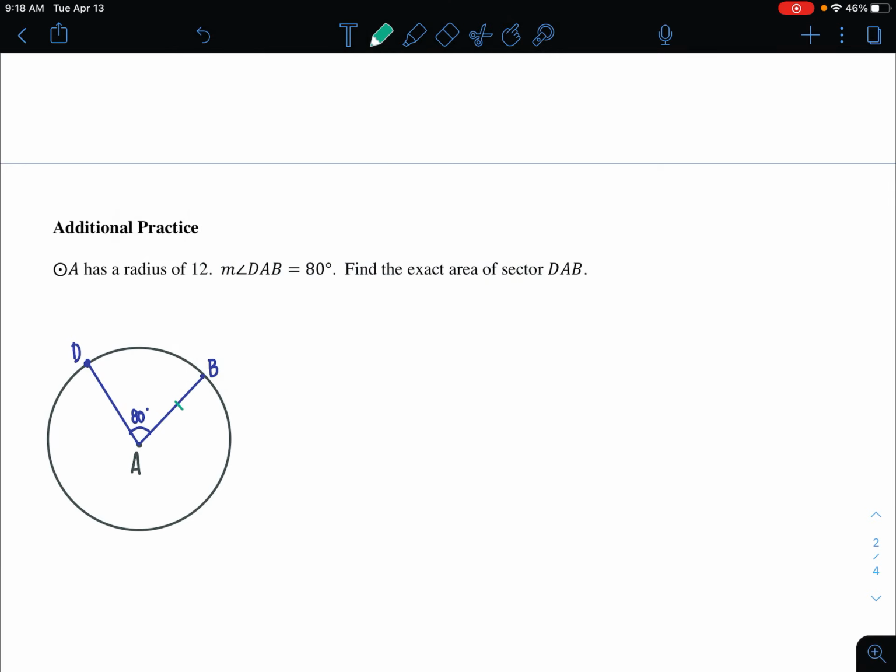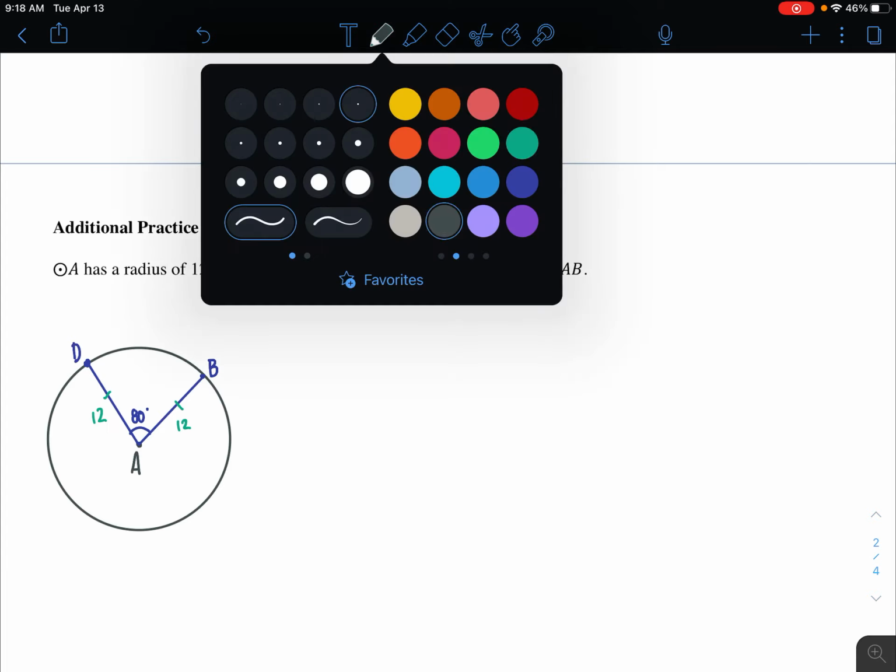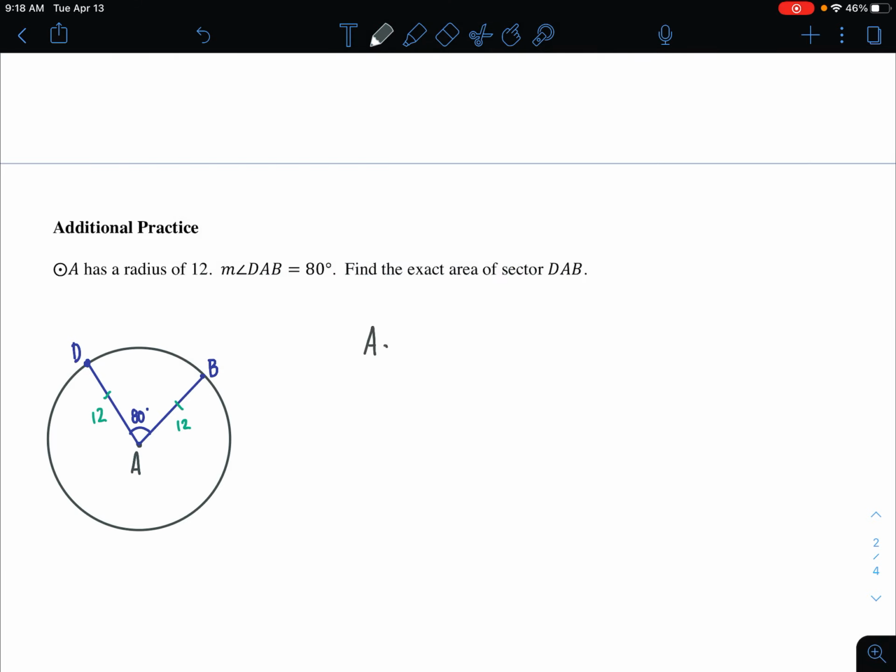We know our radius. We know that angle measure. So the area of my sector is going to be 80 over 360 times my area of the circle, so 12 squared times pi.